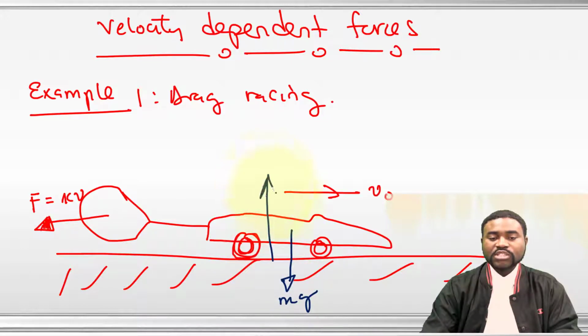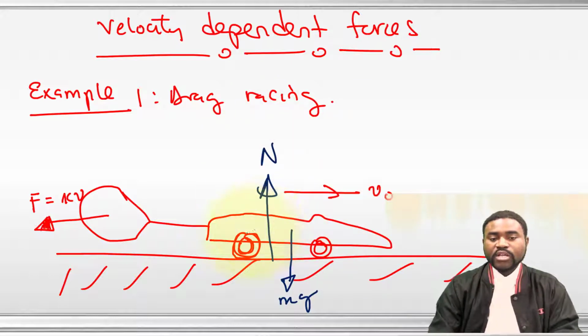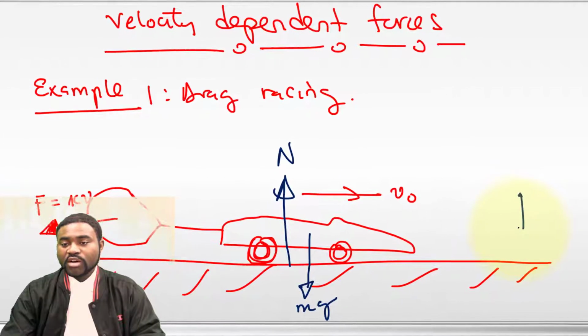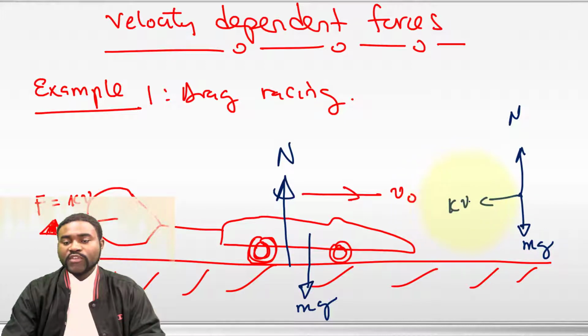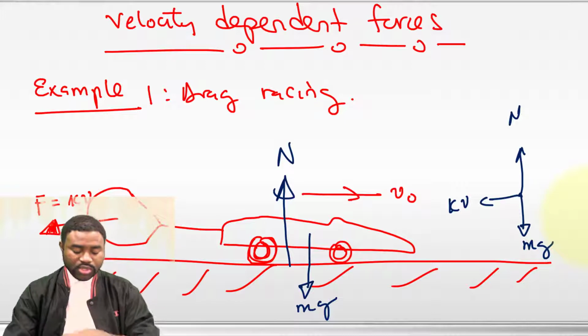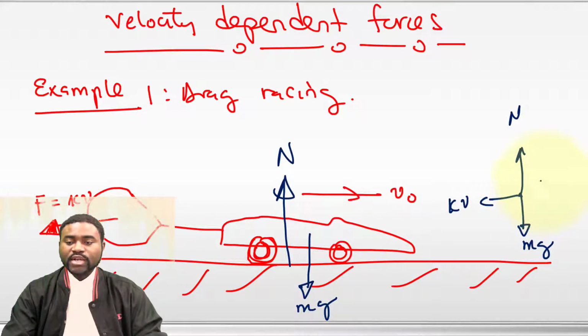Normally, the normal force is acting on the tires. This is N, and there are 4, but I'm going to just put a total N here. And there is a force backwards, which is Fk. So if I draw the free body diagram here, this is mg, that is N, and this force here is kv. There is no force acting forward because the car is decelerating. But remember that this is the direction of motion.